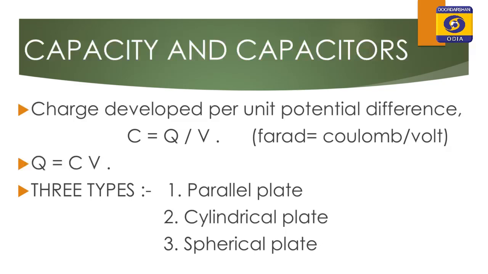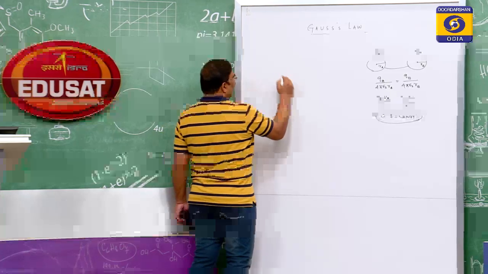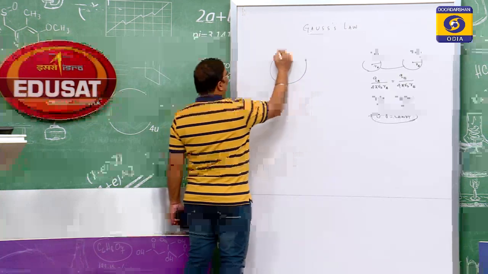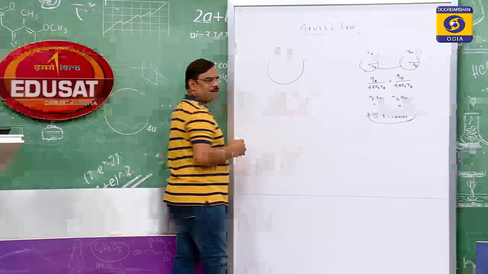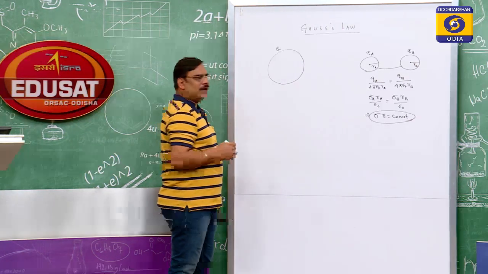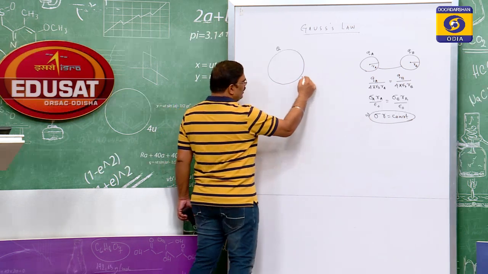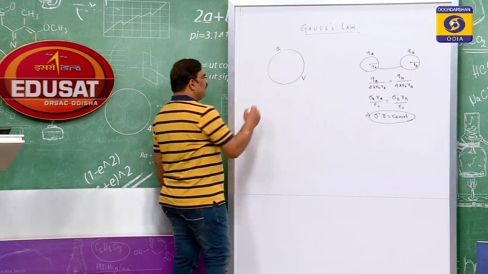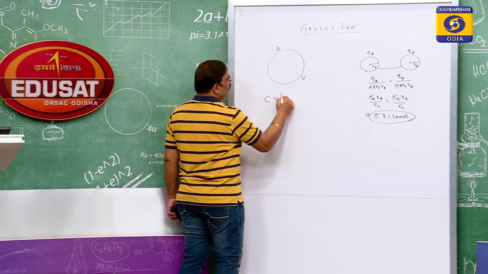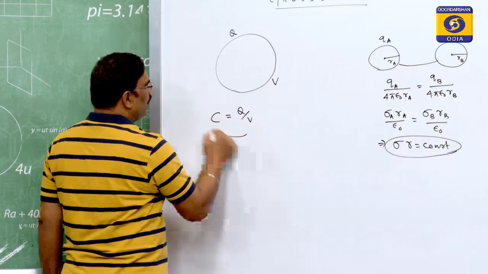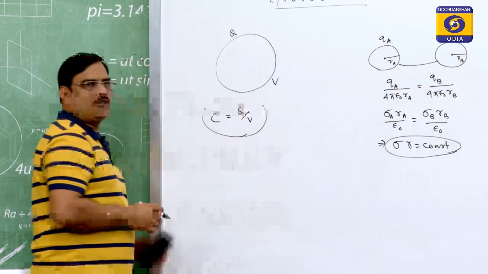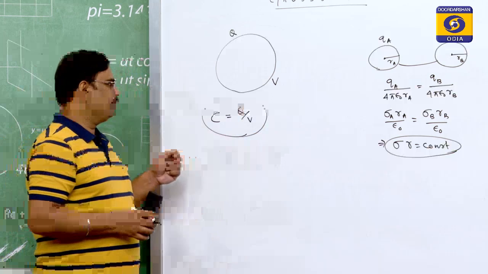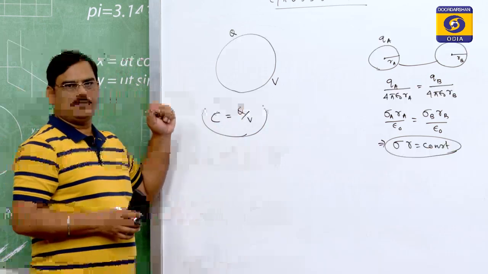Suppose there is a conductor and we give a charge q to this conductor, as a result of which the potential of the conductor is raised to V. Then the capacity of this conductor is defined as the charge developed per unit potential.